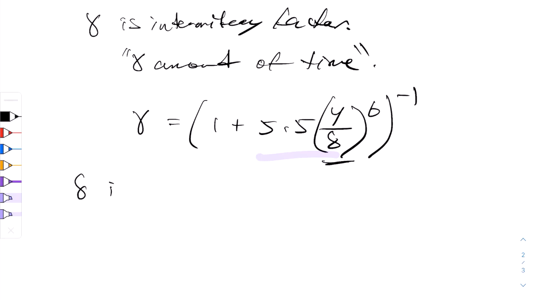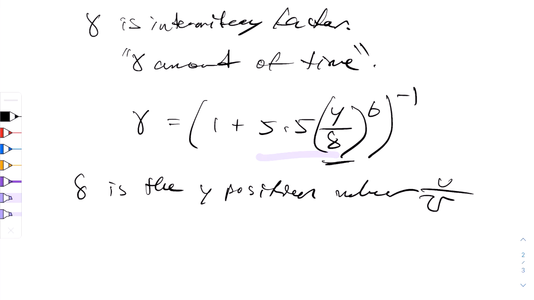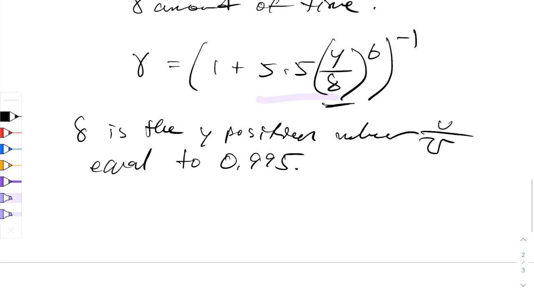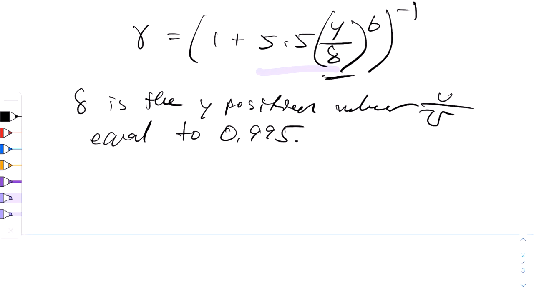Delta is the y position where u over U is equal to 0.995 by definition. Remember, U is roughly the free stream velocity. So you can see we get about 1 at the wall and a much smaller fraction far away from the wall for the intermittency. We haven't talked about the eddy viscosity in the outer part of the boundary layer.